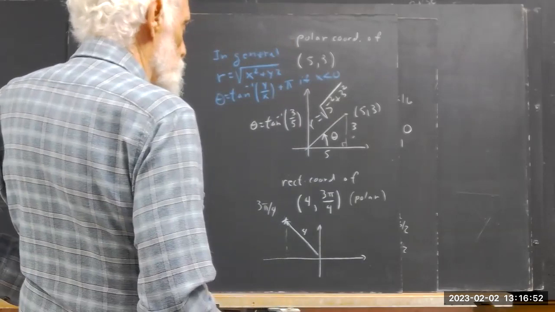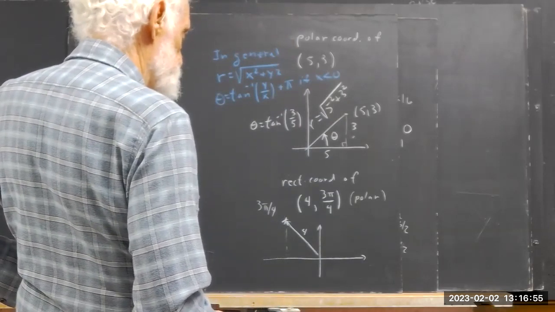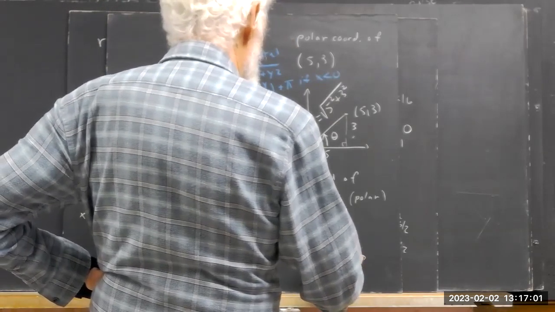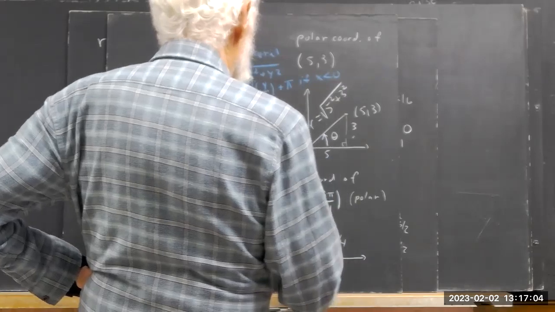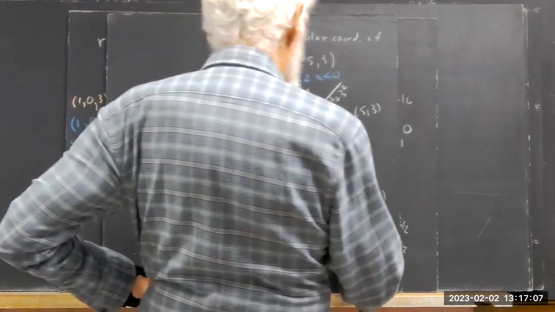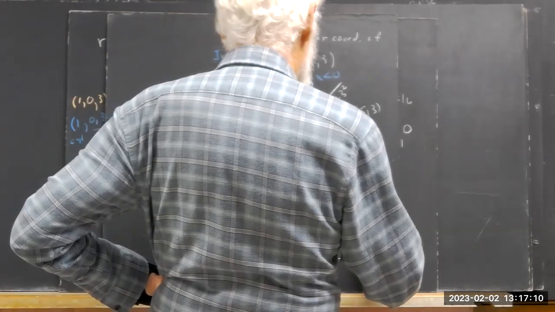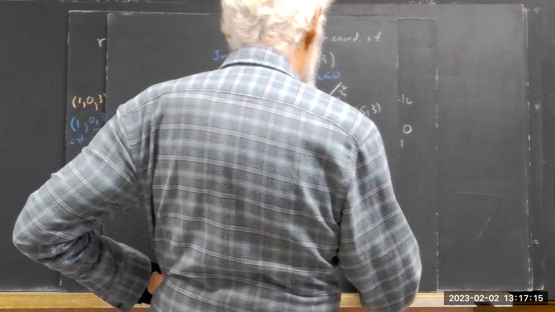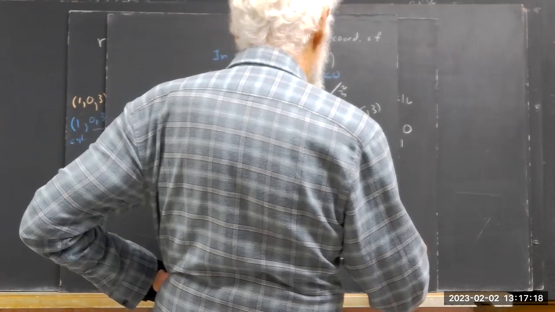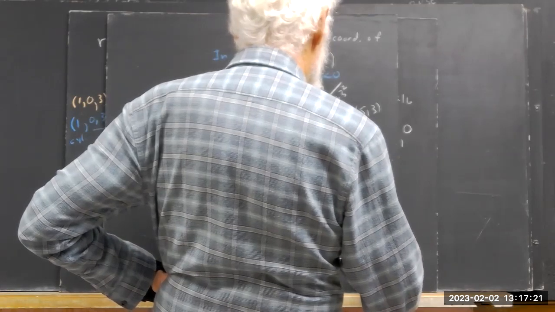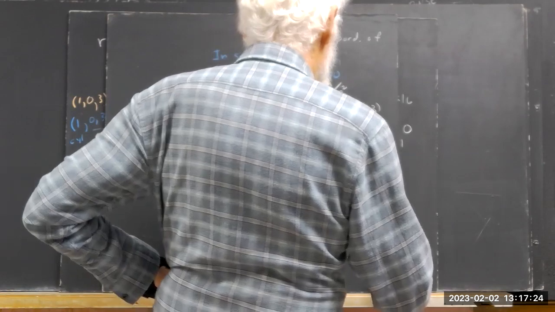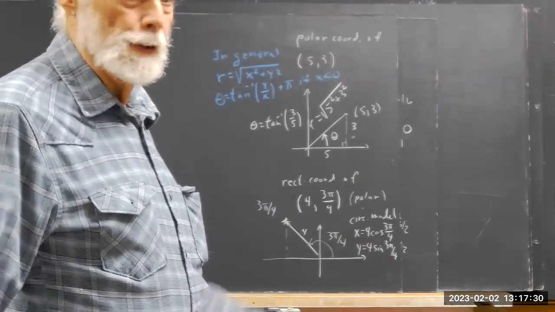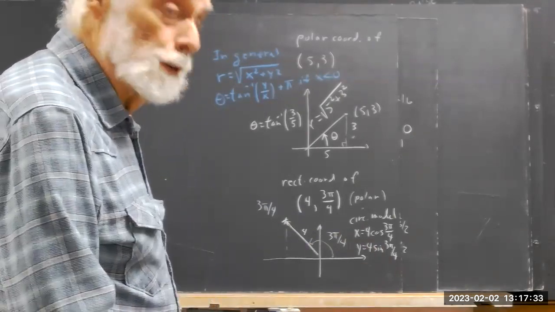There are 2 ways to look at this. Here your angle is 3 pi over 4, and here's 4. The circular model tells you x is 4 times the cosine of 3 pi over 4, and y is 4 times the sine of 3 pi over 4. Just the circular model. That's really straightforward.